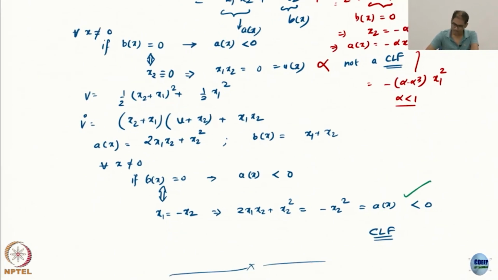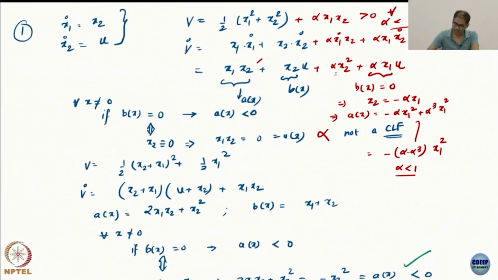The Bx, that is the control vector field term, came out to be this guy, and the drift vector field term came out to be this guy. Now if this was 0, it meant that x2 is minus x1, so x1 is minus x2, whichever way you want to write it, and then the first term Ax became minus x2 squared, which is essentially negative whenever you have non-zero states. So this was a valid CLF.